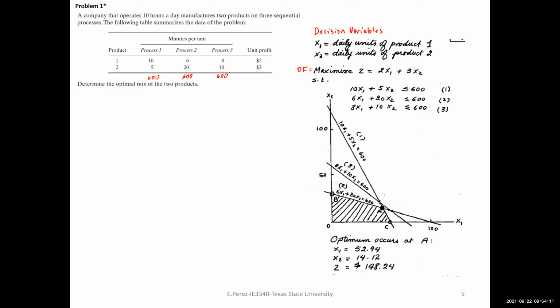This is a problem where you can find a point easily, like 2 times 25 would be a combination that you can use. So if I choose point 25 and 0, that is going to be equal to 50. So now I have 2 points that I can use to plot this isoprofit line.